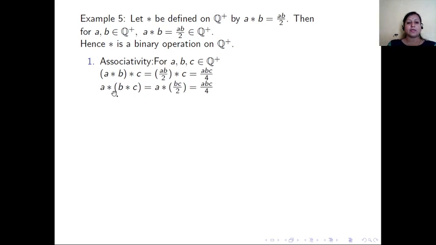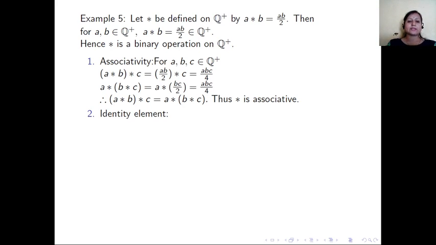Then A star (B star C) is equal to A star, this B star C is BC upon 2, which is equal to, now again the product of these two divided by 2, so it is ABC upon 4. So (A star B) star C is the same as A star (B star C). Associativity holds in Q plus. Thus star is associative.